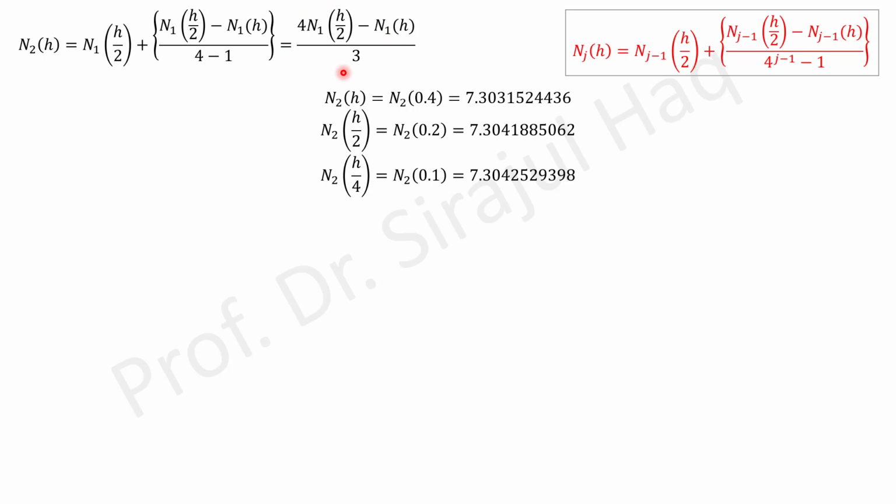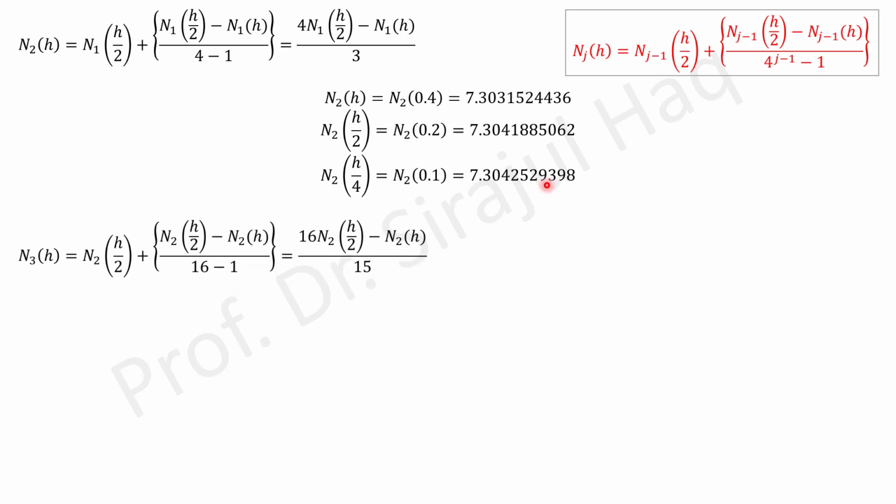Just replace h by 0.1. You need N1 of 0.1 divided by 2, which is 0.05, and N1 of 0.05 was N1 of h divided by 8, which you computed in the previous step. And N1 of 0.1 we have computed also. Substitute the values over here, and you will be getting N2 of h divided by 4.